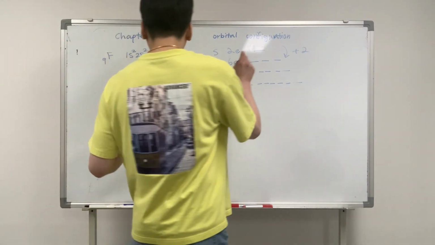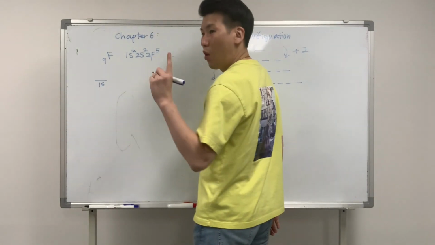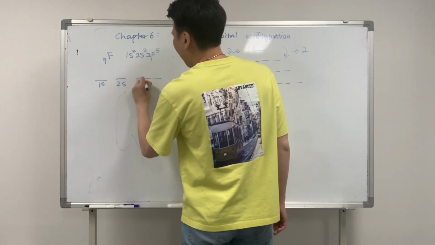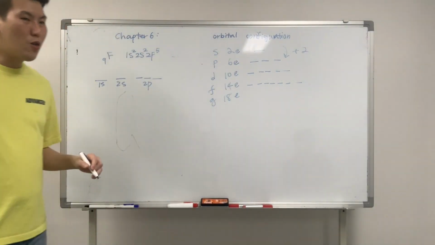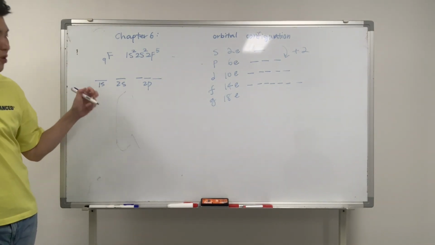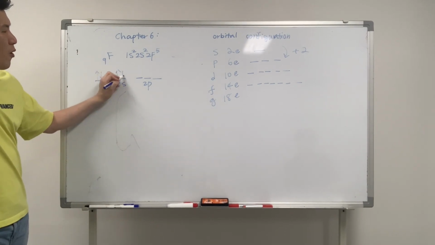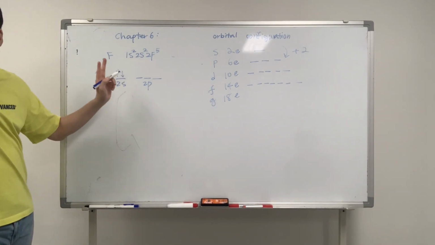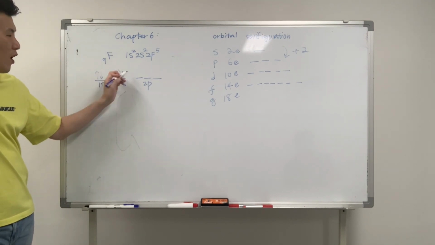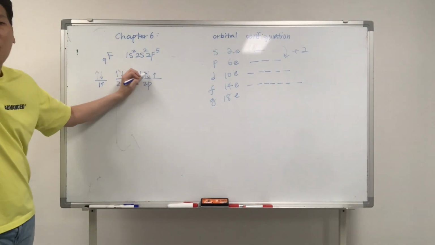Now, for orbitals, S has one orbital, right? So 1s, 2s, and 2p. Right? So when you fill this out, one orbital can hold up to 2 electrons. So we call this a spin. It's up, down, and be careful here. When you fill these in, it has to be as follows. Up, up, up, and then down, down.